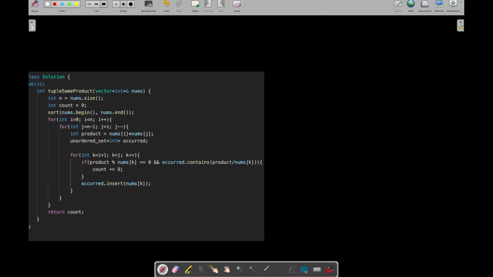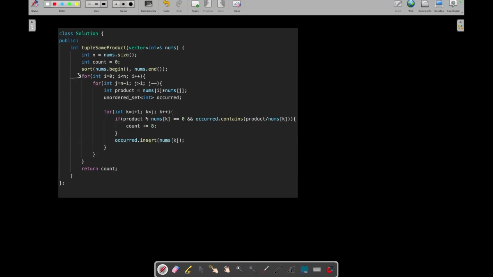Okay, so let's see its code as well. So we have not changed the outer nested for loops, and we also calculate its product, and then we have created a set occurred, for the numbers which have already occurred, and then start a for loop from i plus 1 till less than j, and if the remainder is 0 and the quotient, which is like 3 in the above example, has already occurred, it means we have got our pair. 3 into 4 is equal to 6 into 2.